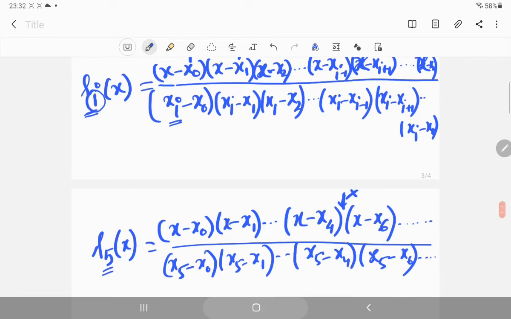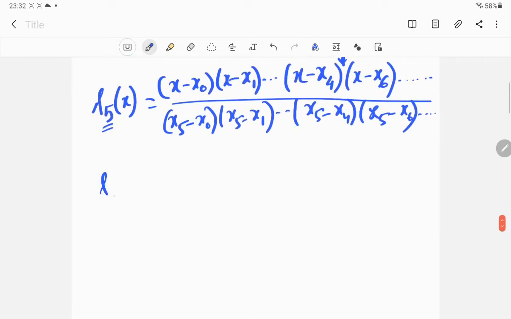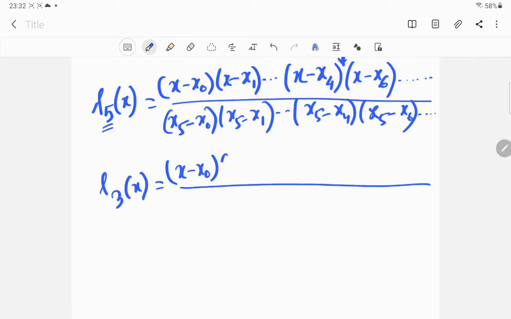Similarly, if you have L3x, what you need to do: x minus x naught, x minus x1, x minus x2. x minus x3 should come, but we will not write x3 because it is third order.